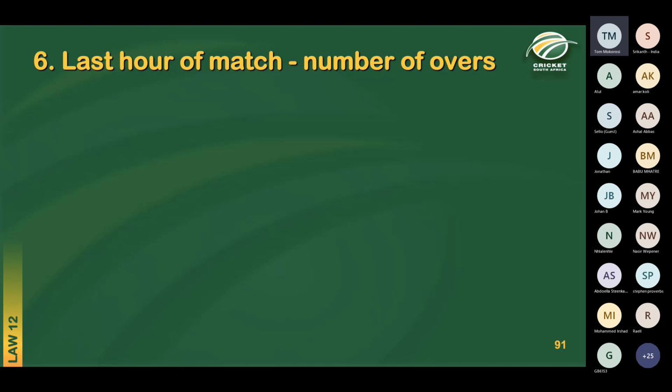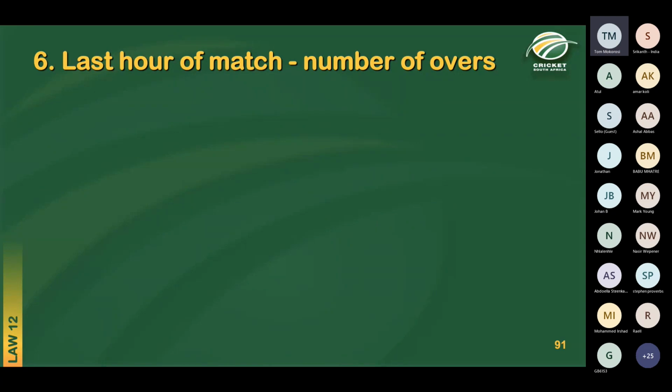This is, of course, if there haven't been any interruptions for ground, weather or light. And so if we only start the last hour at 16:30 because the teams have been bowling slowly, which quite often occurs nowadays in Test match cricket or in all international cricket, to be fair, then the playing condition says that last hour would only start at 16:30, and from 16:30 to 17:30, the team that is bowling at the time will need to bowl 15 overs in that hour.